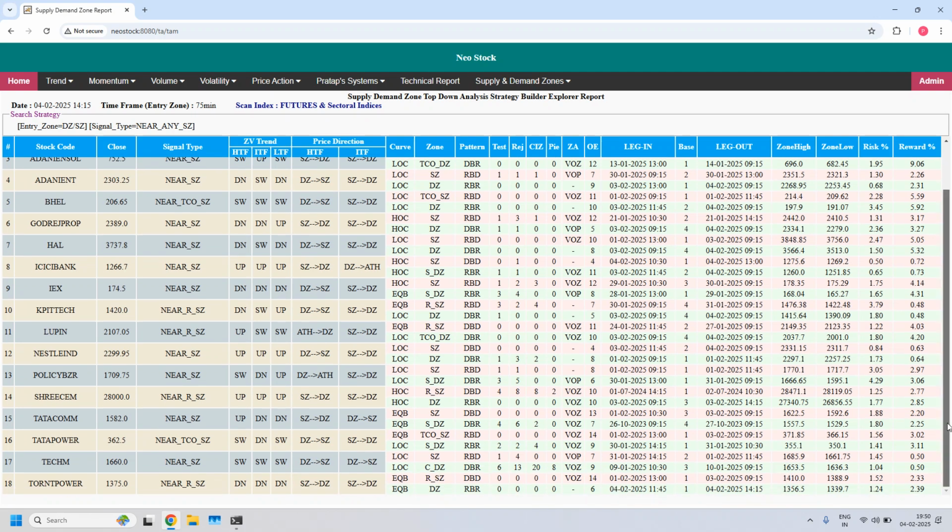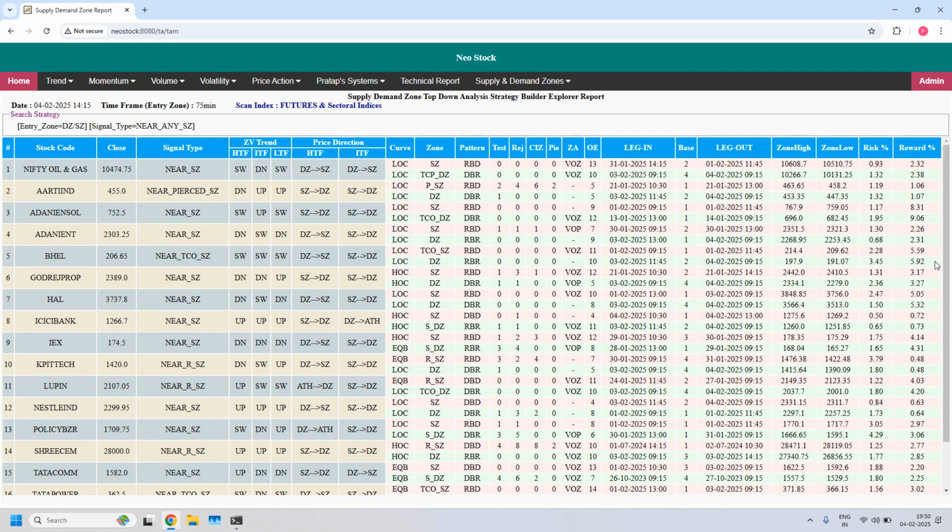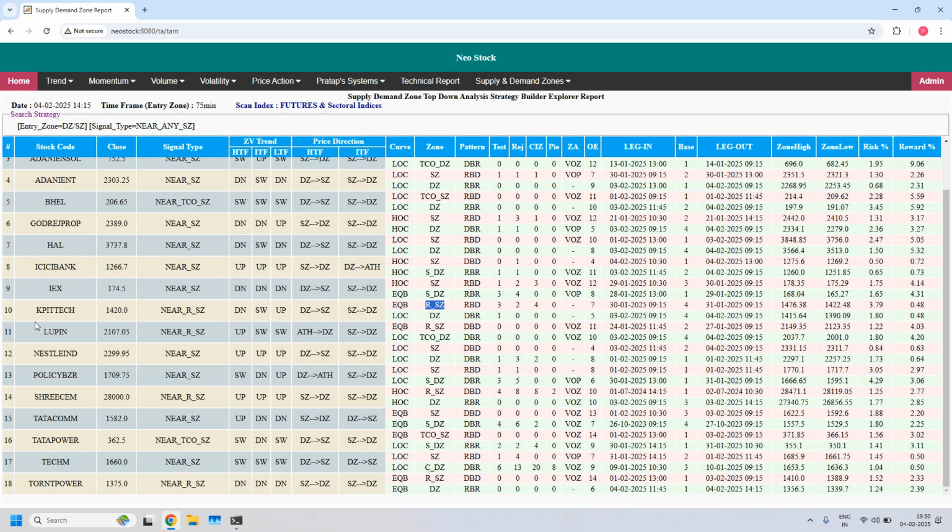Okay, now let us identify high liquidity supply zones, 75 minute supply zones from this list. KPIT Technologies. It is a 75 minutes high liquidity supply zone. Lupin is having a 75 minutes high liquidity supply zone.